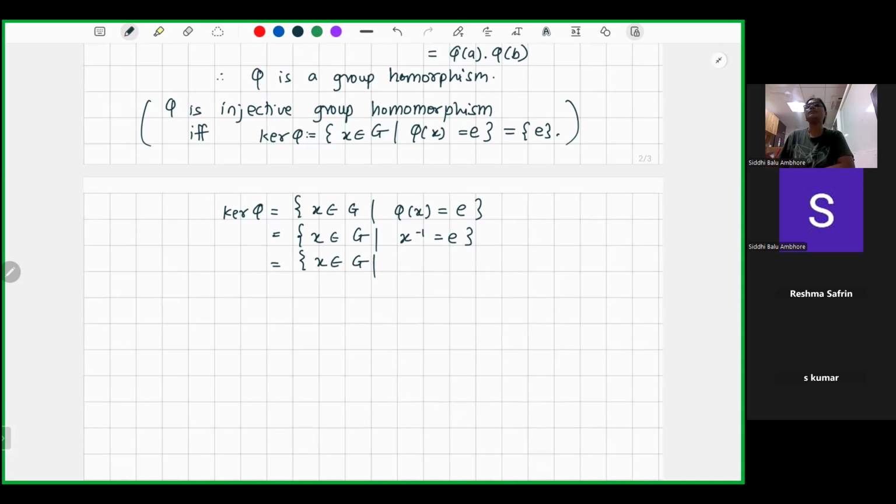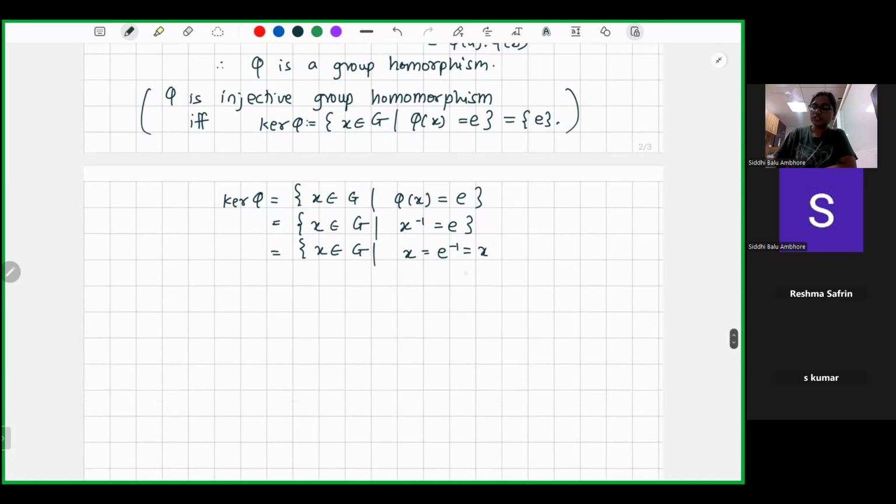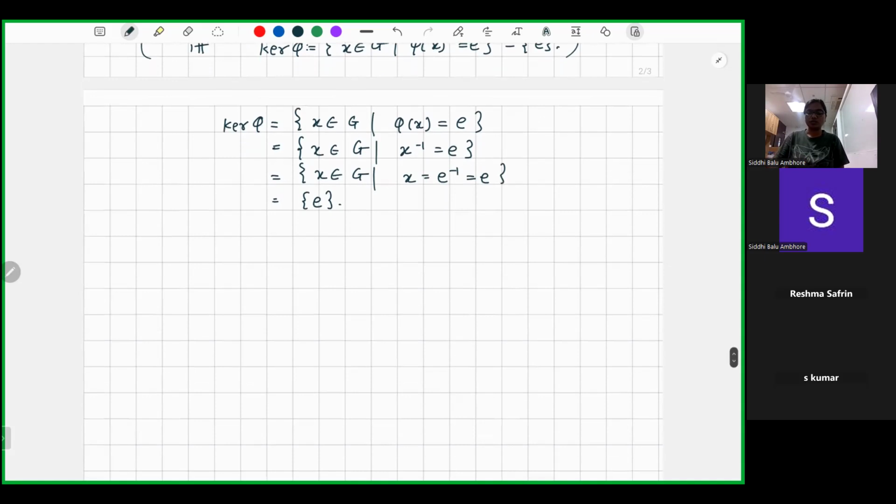It happens only when x is identity itself, because if I take inverse on both sides, x is equal to e inverse, that is just e. So this becomes a trivial subgroup. Okay, so therefore phi is injective.